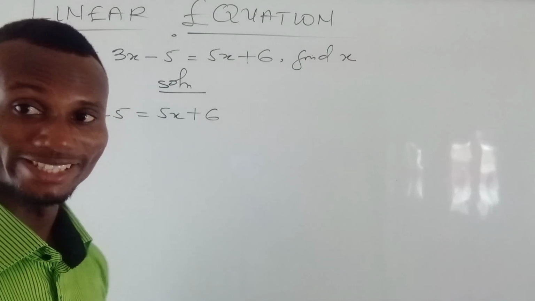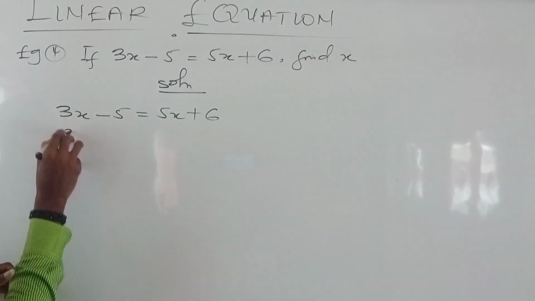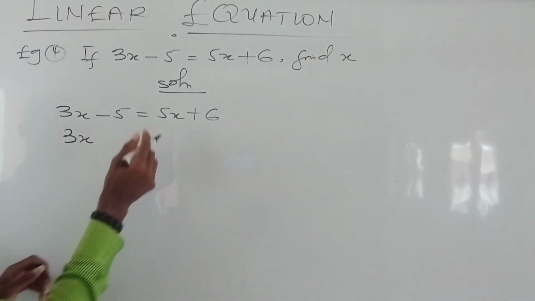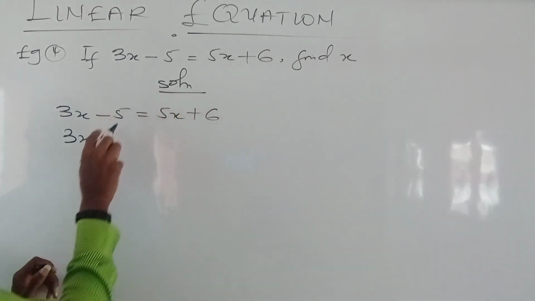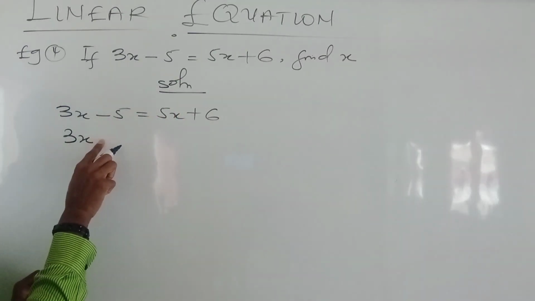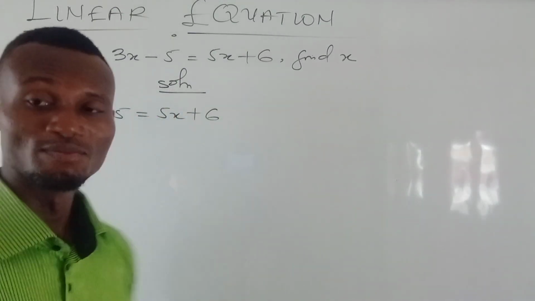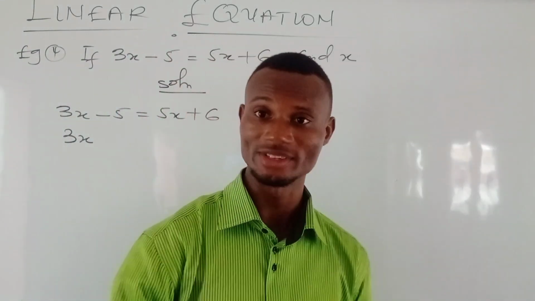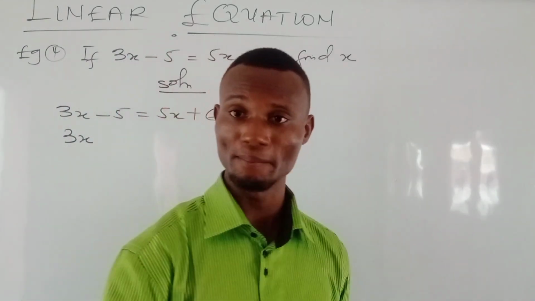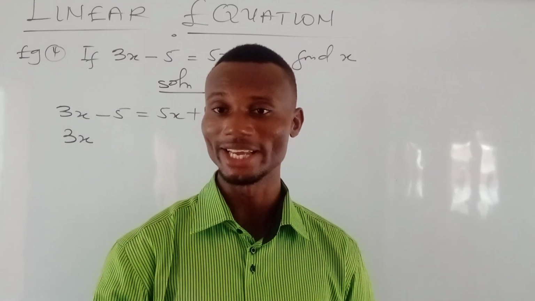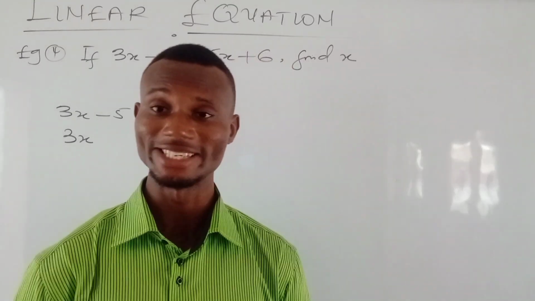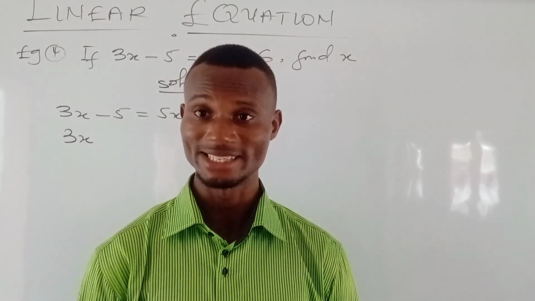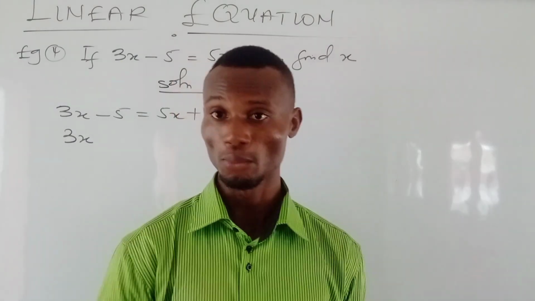That's the first step. So when I maintain my 3s here, this 5s will cross the equal sign and come and join the 3s which is here. Don't forget I said that if anything crosses the equal sign, be it a variable or a number, the sign changes. If it is positive, it changes to negative, and if it is negative, it changes to positive.